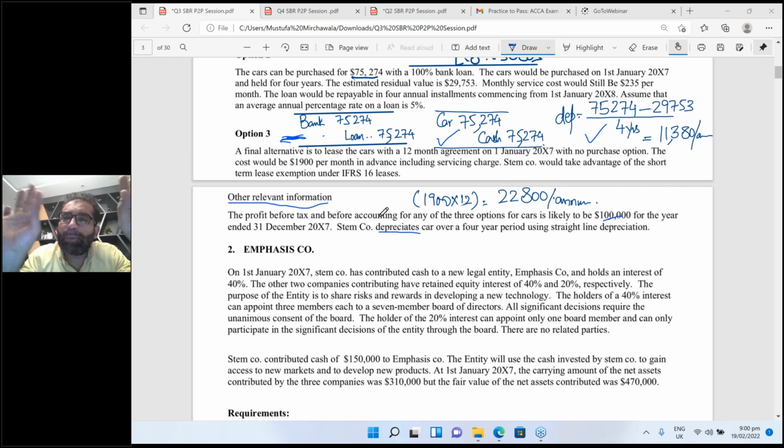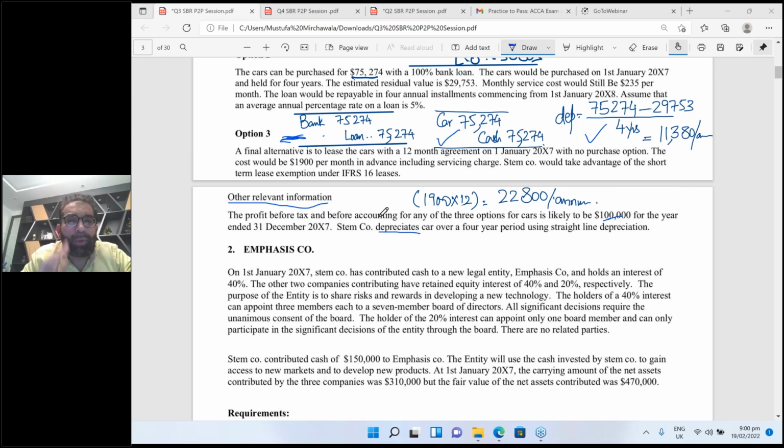When there is no ROU, that means no depreciation expense. When there is no lease obligation, that means no interest expense. So in this option 3, there will be no depreciation expense and no interest expense. Just complete rental is an operating expense, one shot operating expense.